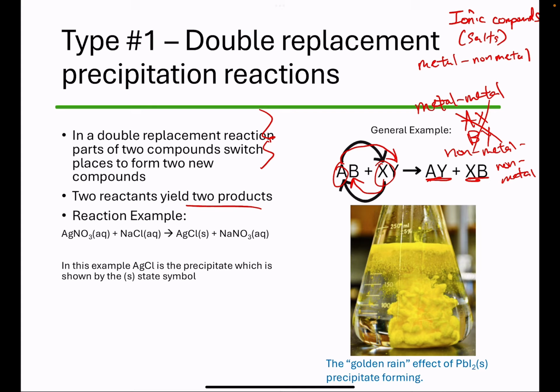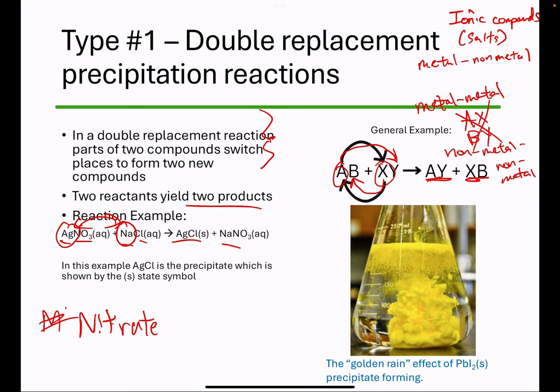So for example, we have silver nitrate bonding with sodium chloride, and you can see that silver and sodium have switched places. Now it's silver chloride and sodium nitrate.